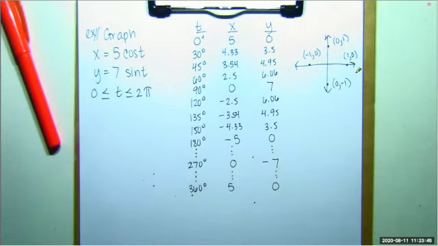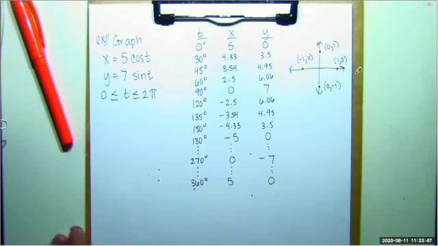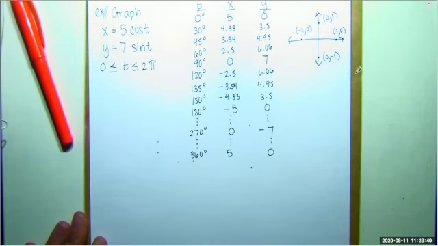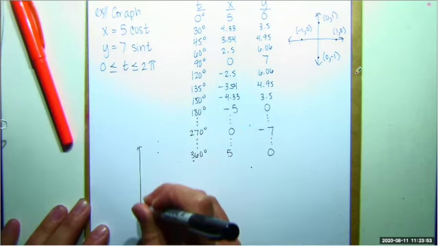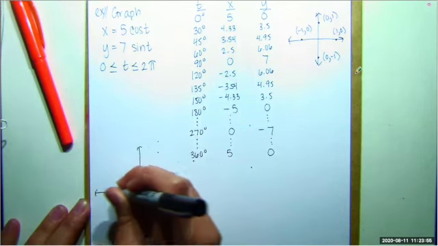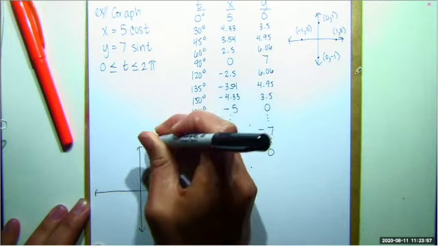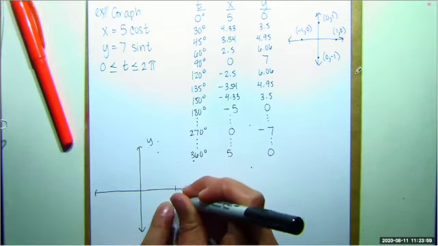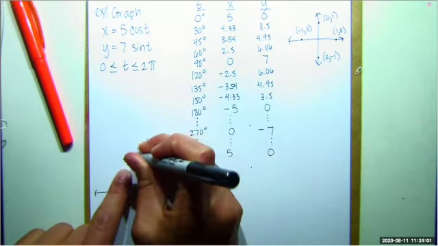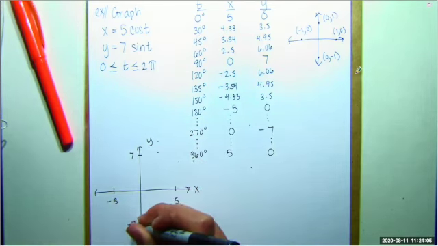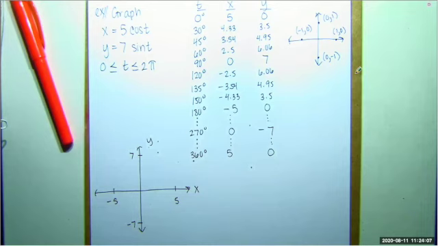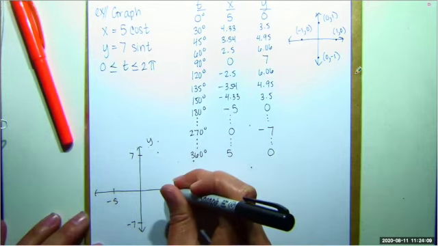So let me zoom out a little bit so I've got some more space here. Oh man, I didn't do a good job of putting that 5 to scale here.